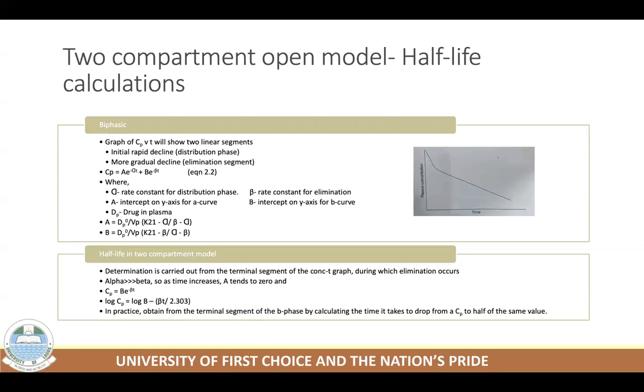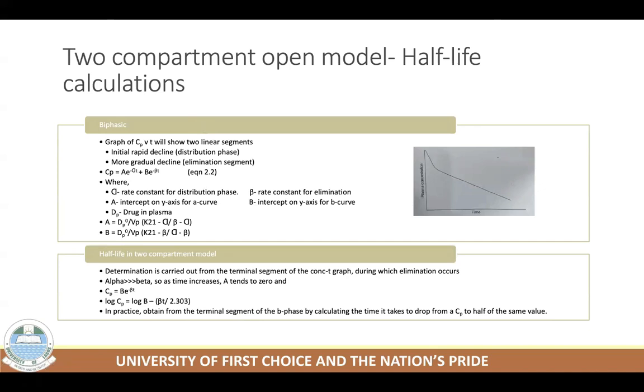That's very, very key, because it determines how we describe the models mathematically. Now, the next assumption is that at time t equal to 0, concentration in the tissue compartment is 0. That's a very important assumption. It also will show up when we begin our mathematical treatment of this model.